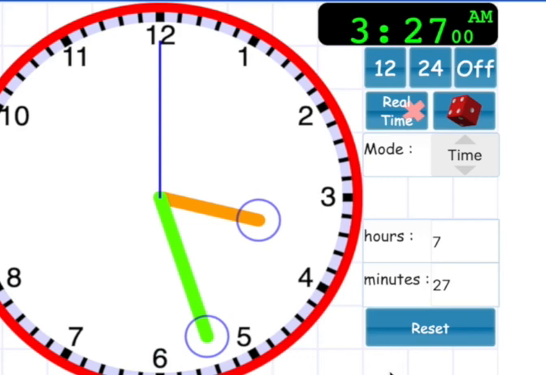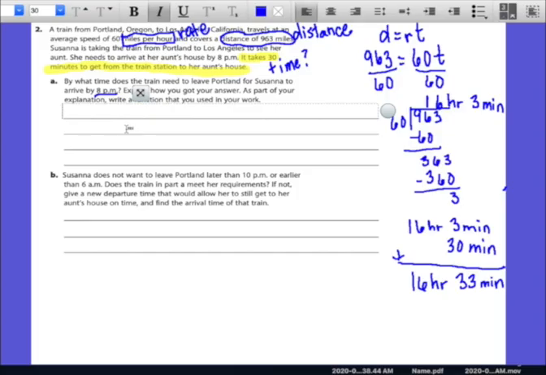to 3:27 a.m. So in order to get to her aunt's house, she has to leave at 3:27 a.m. So let's go ahead and type that up. We're going to use the distance, rate, time formula.